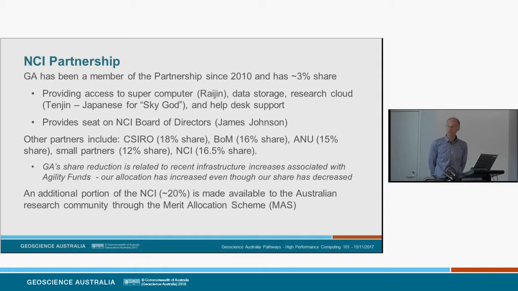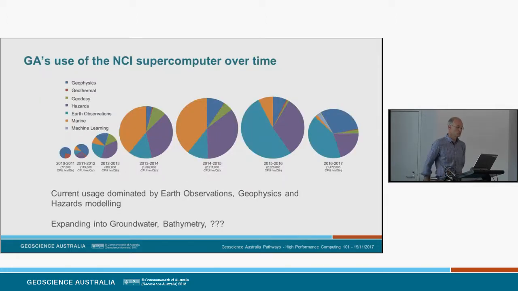The big partners are CSIRO and the Bureau of Meteorology and ANU, who's the host. And then an additional 20% of the machine is made available to the general research community through a merit allocation scheme that anyone can submit proposals to.